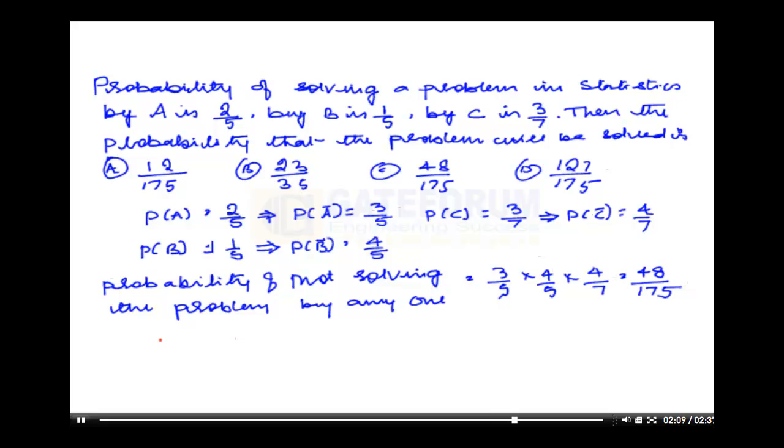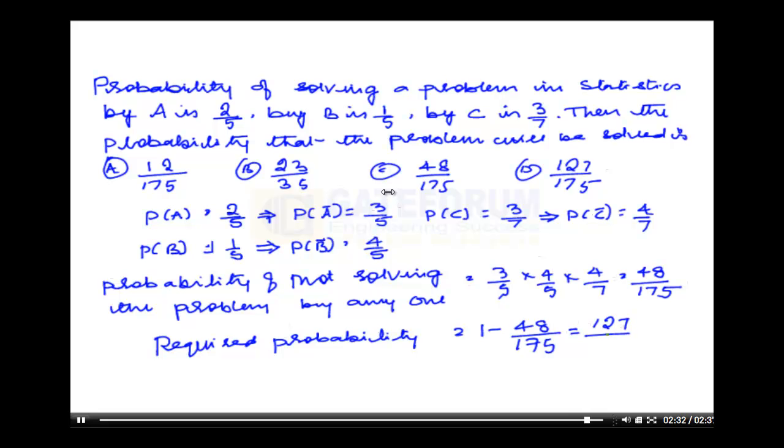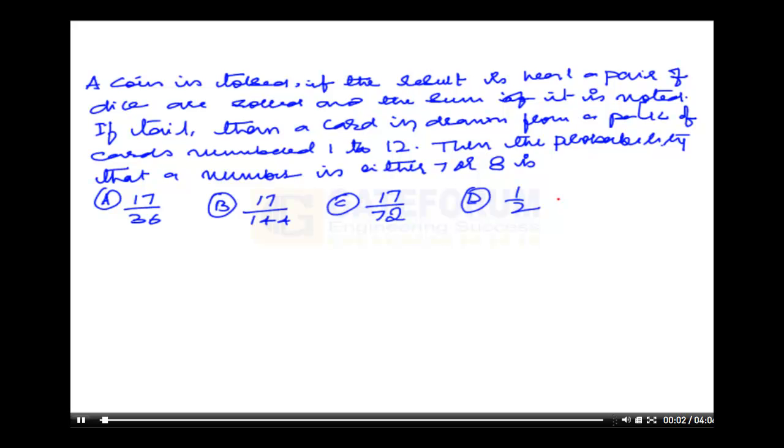Therefore, the required probability, means solved by at least one, is 1 minus 48 by 175, that is equivalent to 127 by 175. Hence your answer. When a coin is tossed, you will get either a head or a tail.